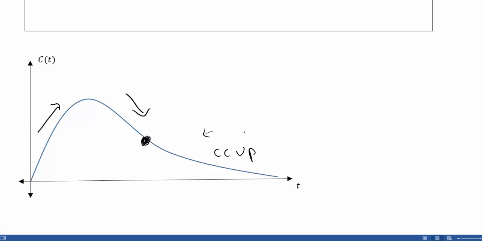Generally, the inflection point is when it's safe to take another dose of whatever your medicine is. So we want a good way to solve for the maximum and the inflection point of this function. Now we have all the tools we need to do that, because we know how to find maximums and inflection points using our derivatives. So let's see how this works.